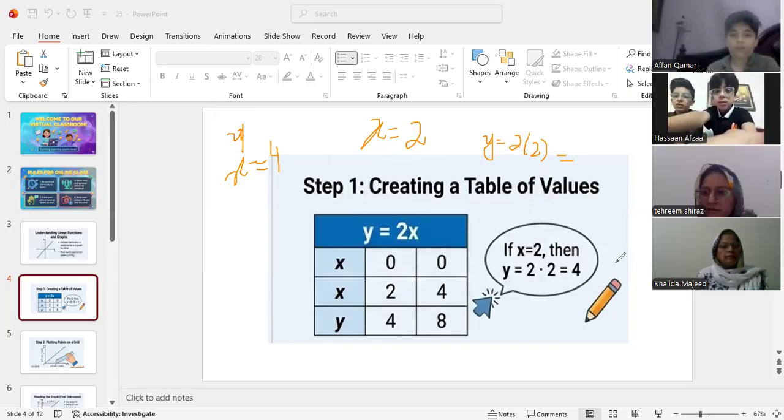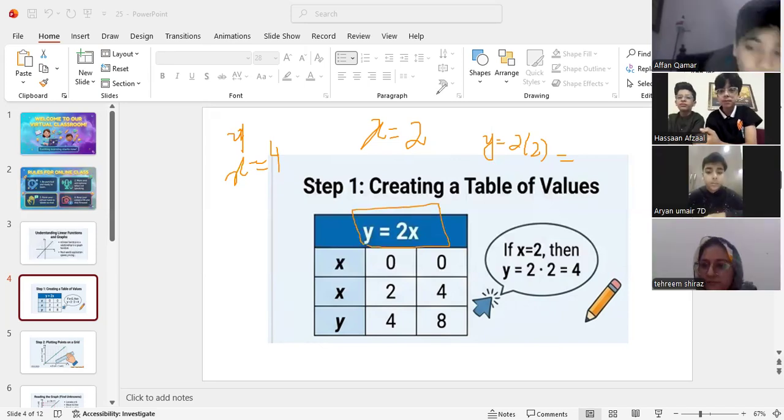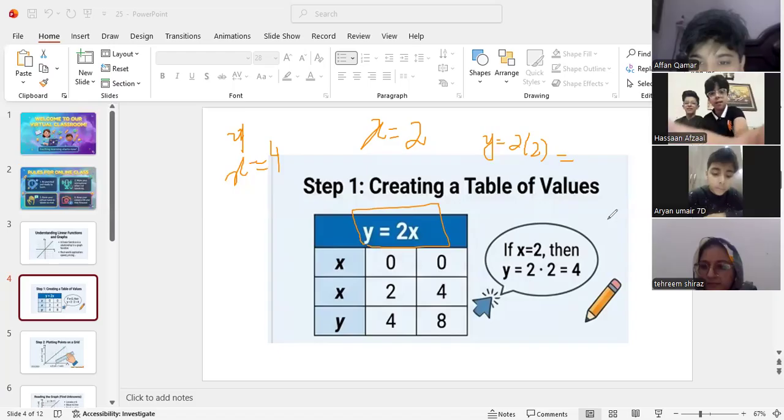Ma'am, if the value of x is 4 in this function, then the value of y will be 8. Yes, Aryan, it is 8.